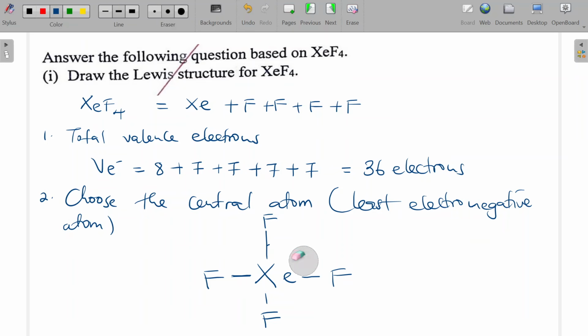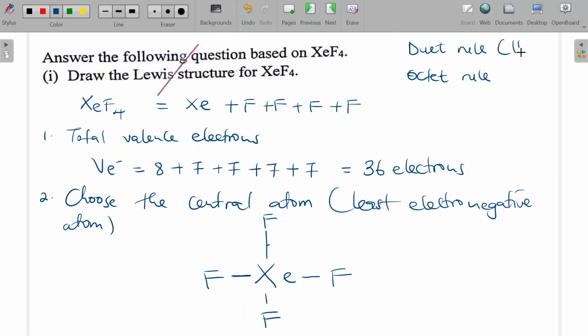After you've connected all the atoms to the central atom, what you're going to do now is make sure that these atoms, the fluorines, all follow the 2 rules: the duet rule, and also what we call the octet rule.